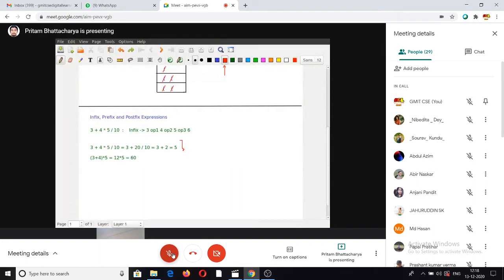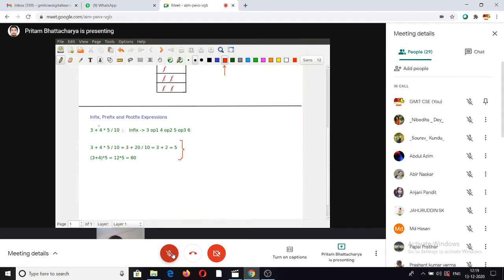Postfix, as the name suggests, means you have the operands first followed by the operator. In infix you cannot have two or more operators side by side, whereas in postfix you can have operators side by side.